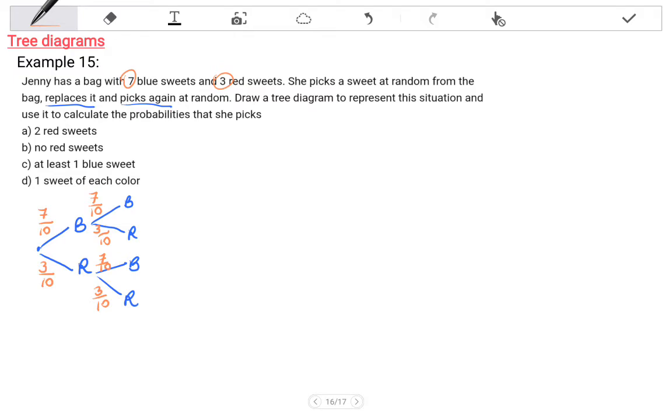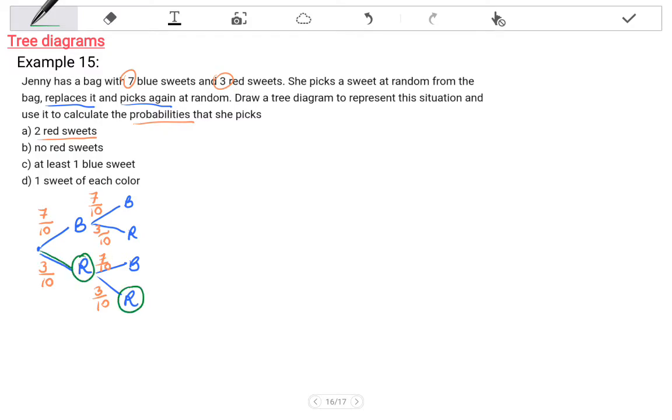Now let's find the probabilities wanted. Calculate the probability that she picks 2 red sweets. So where is the outcome? Let's try to find it from the tree diagram. Let's change the color. I'm looking for red and red. So the first red, second red.